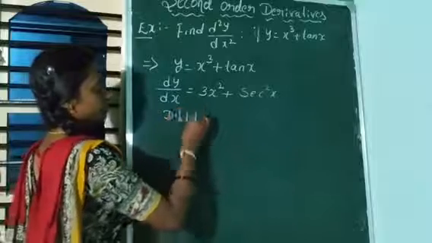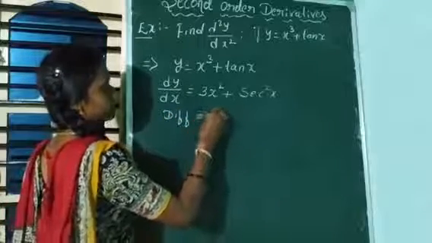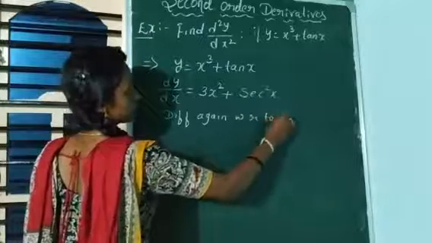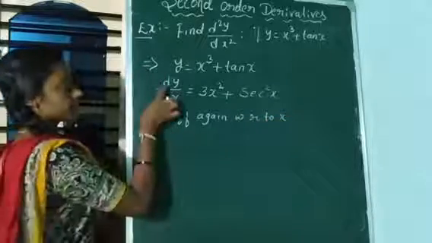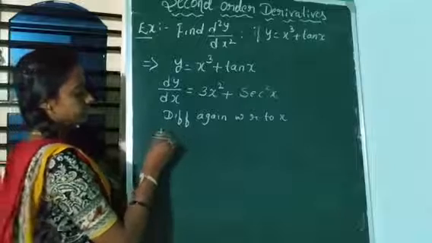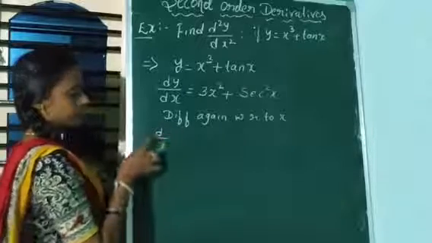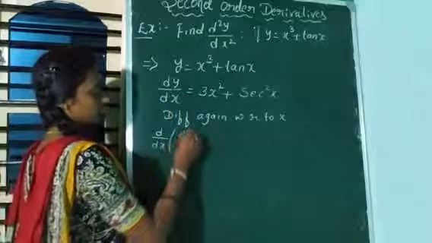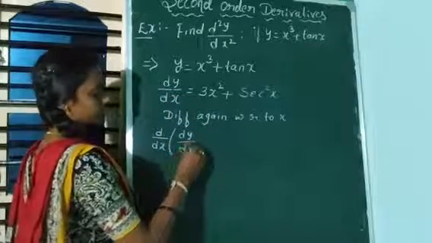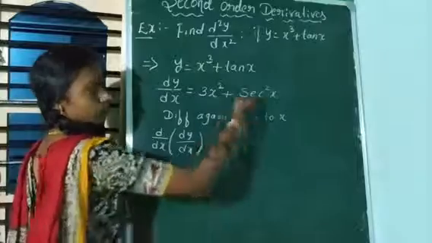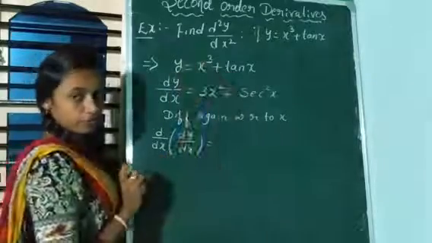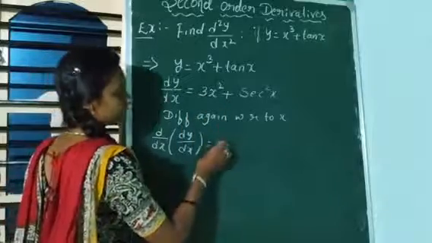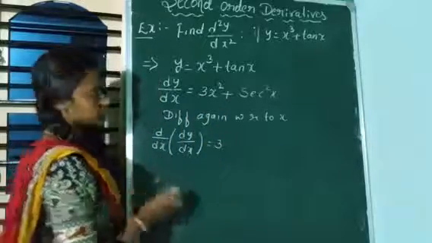Differentiate again with respect to x. This will be d by dx of this dy by dx. Again, it is a sum of two functions, so you can differentiate both terms separately. 3 is a constant, keep it as it is.